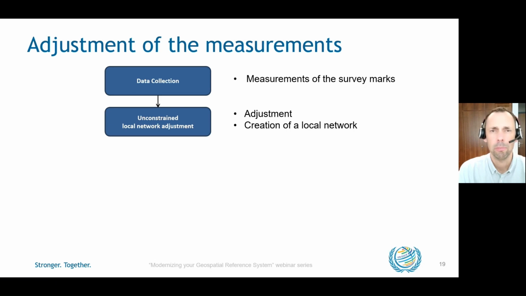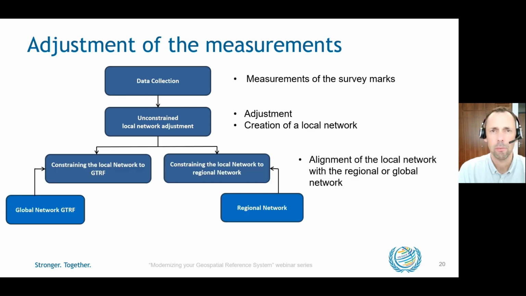In this way, we obtain an unconstrained network. In the second step, we relate this unconstrained network at selected points to already existing networks like ITRF. With this step, we align the local network to high-order regional or global networks.